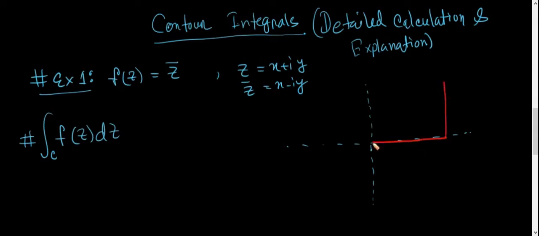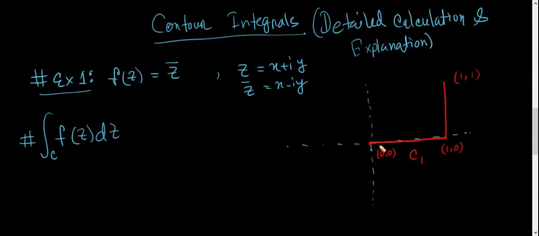and let's call this the origin, that is the 0, 0 point, and let's say this is 1, 0, and this point over here is just 1, 1, and this is a contour. Let's call this contour C1.